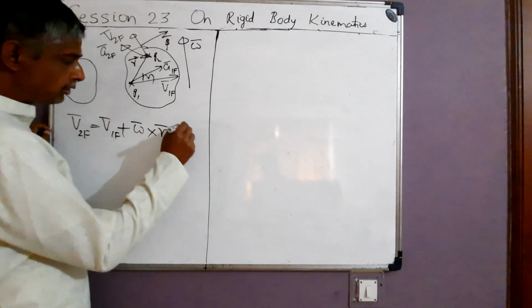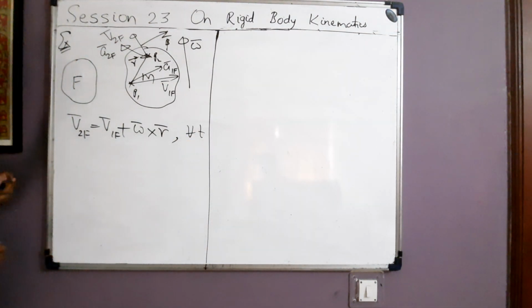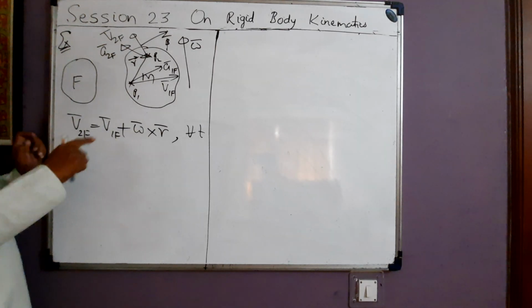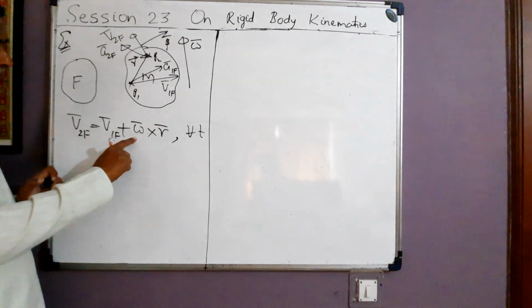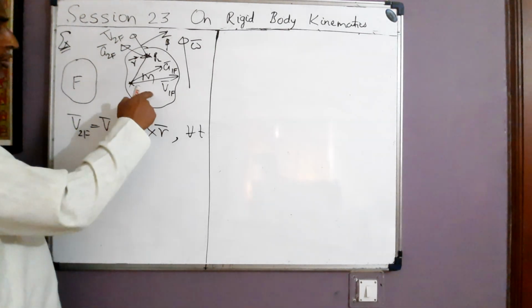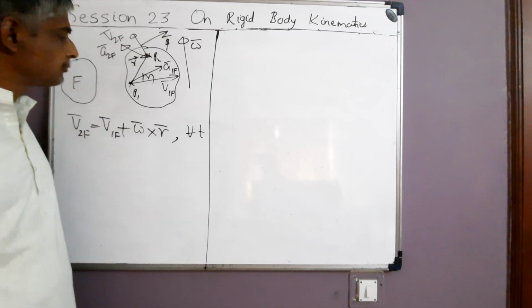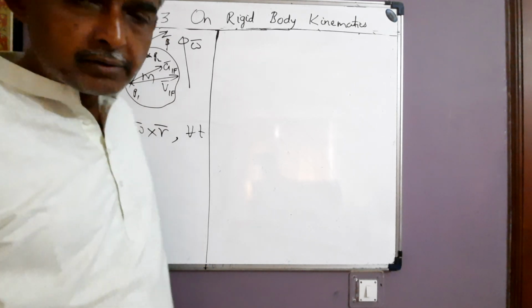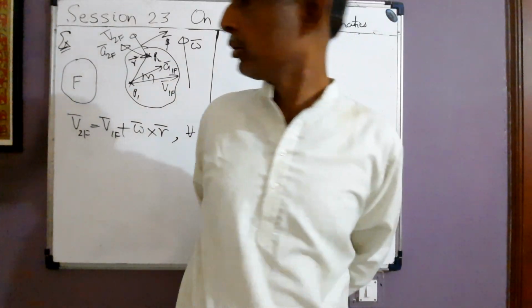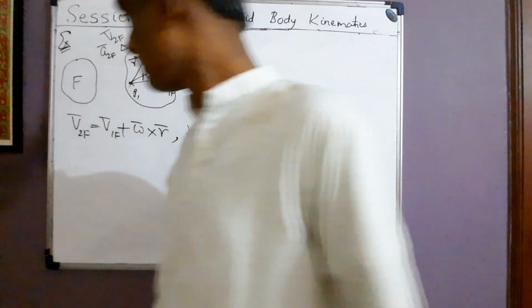This equation is valid for all time instants. This formula is valid for plane and 3D rotation of m with respect to f. This is a general formula. It is valid in both cases, when m rotates with respect to f in a plane fashion or in 3D rotation.